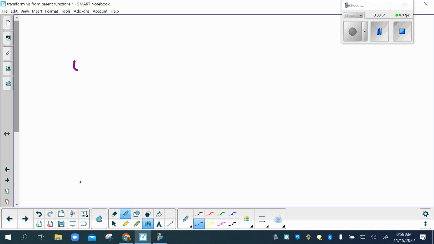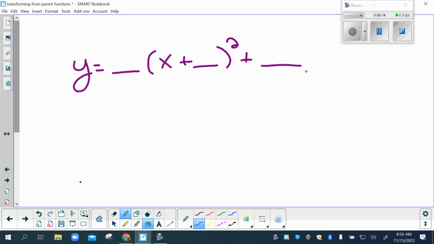It looks like this. Y equals blank, x plus blank squared plus blank, right? Every problem we've done has these spots in it, right? We're going to talk about what each of these spots do. Now, officially in math, they put letters on here.